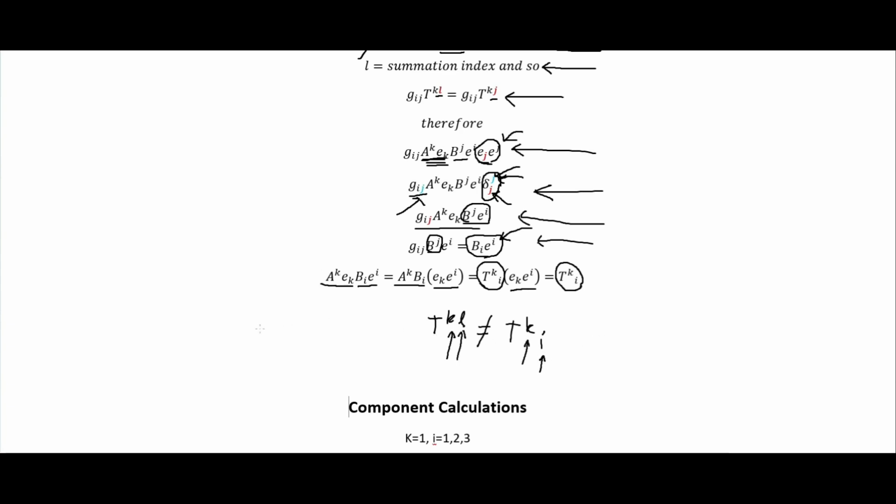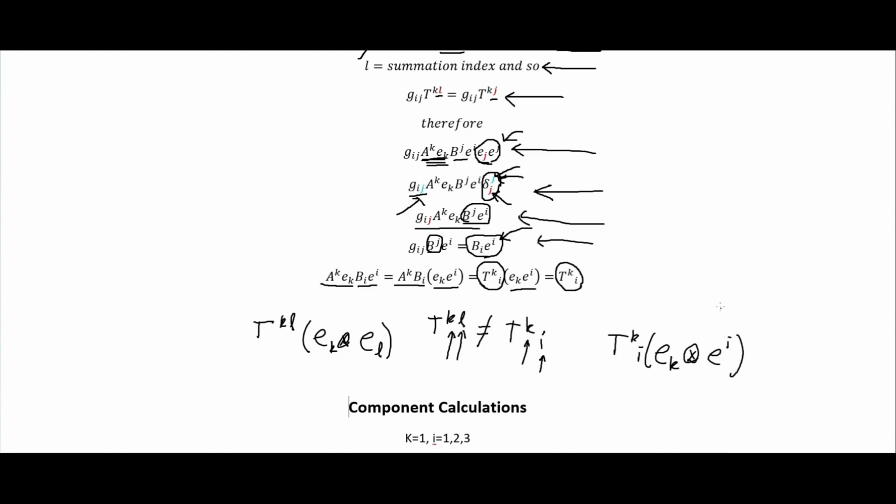So the T^{kl} would have these bases with our little tensor product there, and our T^k_i would have our e_k, then our tensor product e^i in the upper part there.